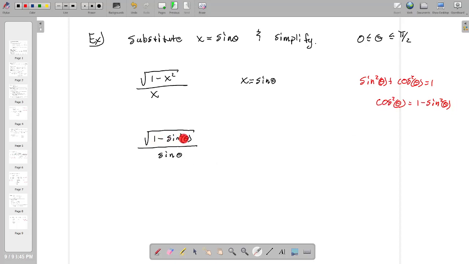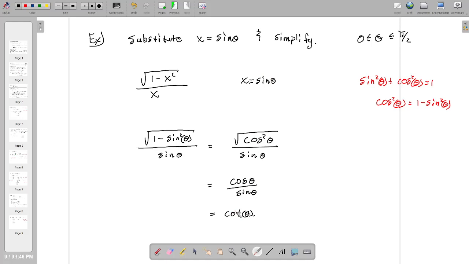So this will become the square root of cosine squared theta divided by sine theta. As you may know, the square root of a square, especially when theta is positive, gives us a positive value, so we end up with cosine theta divided by sine theta, which is equal to cotangent theta. And we're done. We substituted in sine for x, and it simplified down to cotangent theta.